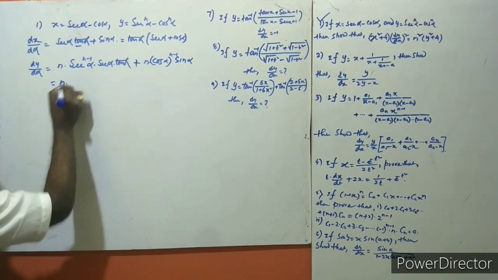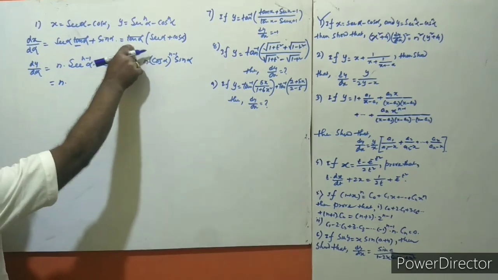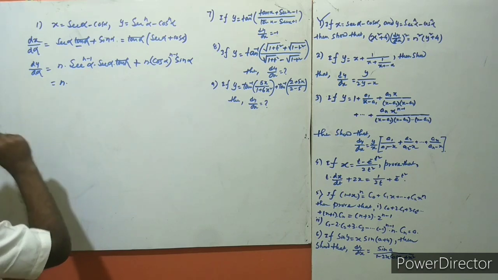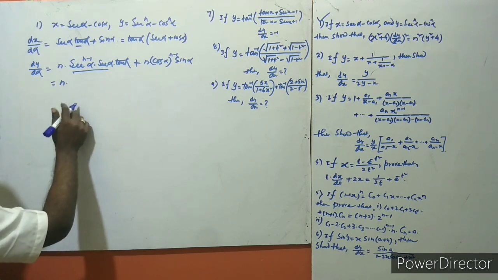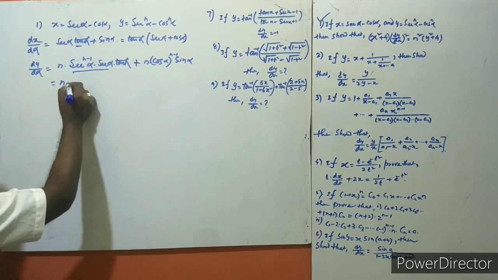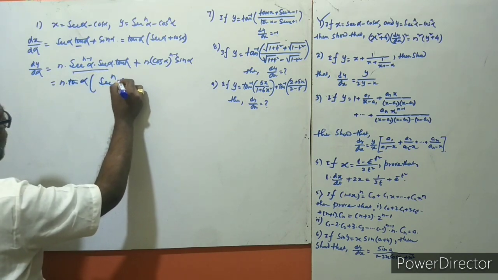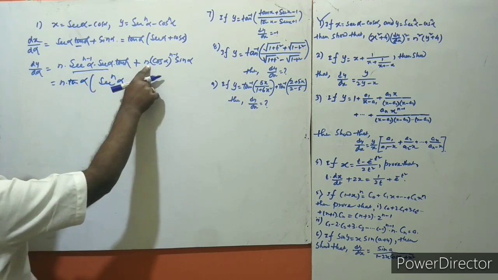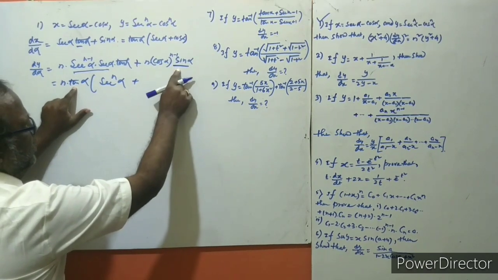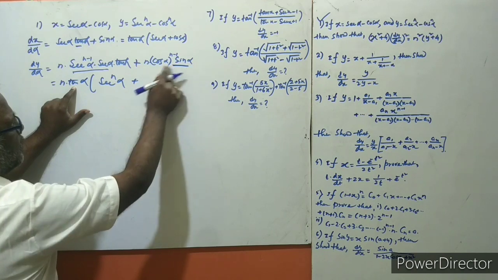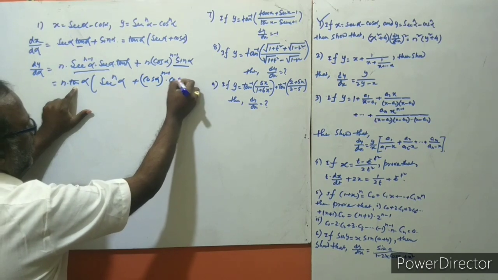Again take a common n into tan alpha. Then we see this is sec alpha to the power n, and take a common tan alpha, so divided by cos alpha into cos alpha. So take a tan alpha, so we have cos alpha to the power n minus 1 into cos alpha.